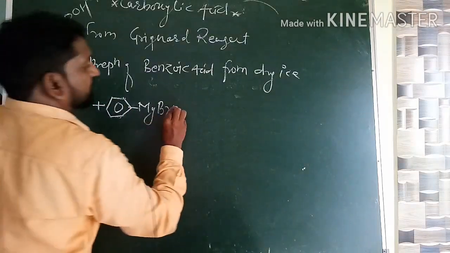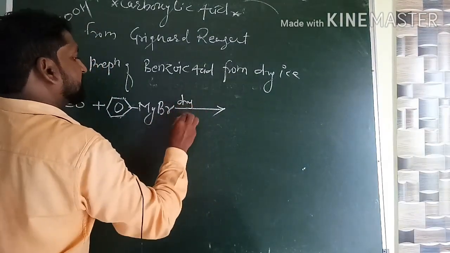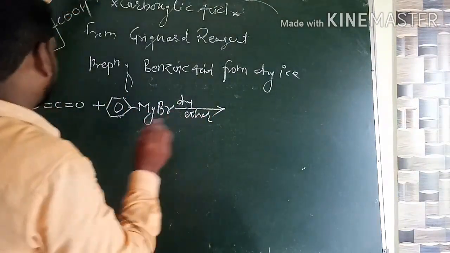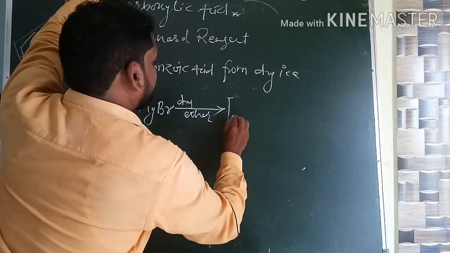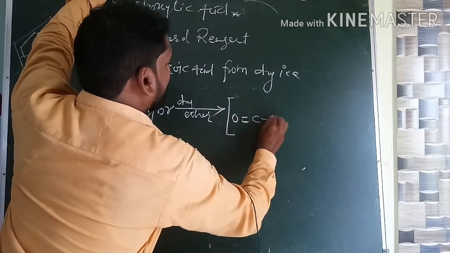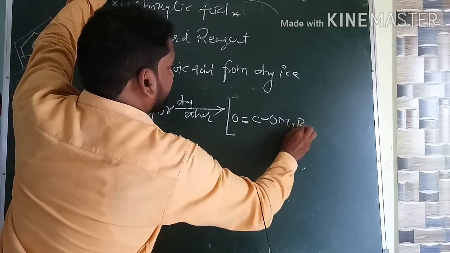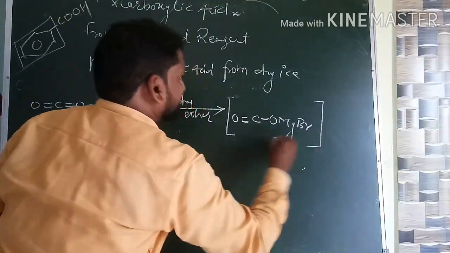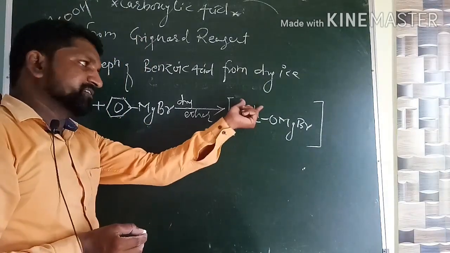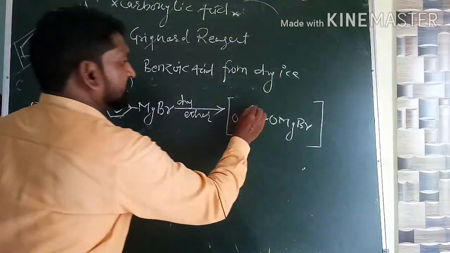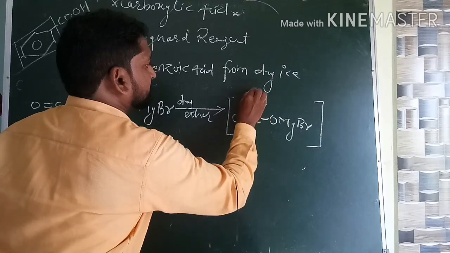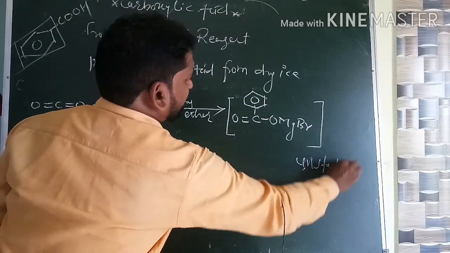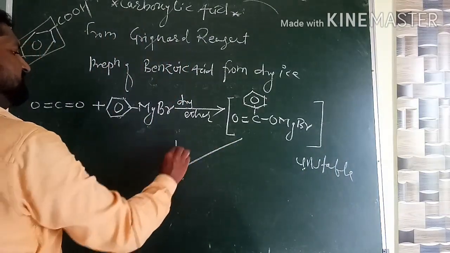What is the condition? Dry ether. O C O Mg Br. You can reverse the video and see this consistency. In the last reaction there was a methyl group, here phenyl.